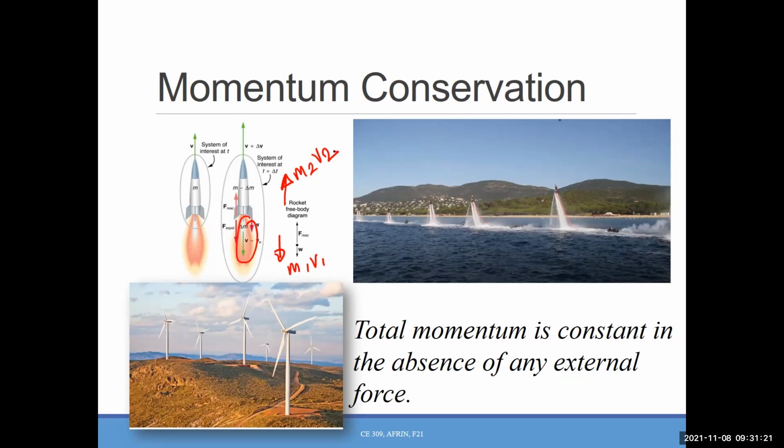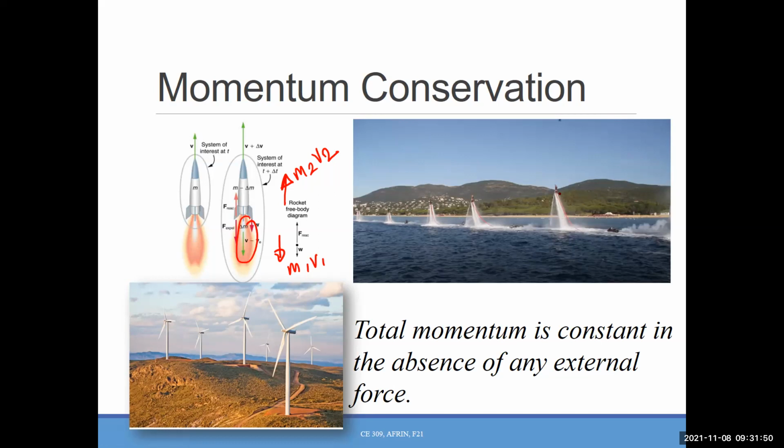So if you have momentum on one side, you have to move to the opposite side to balance that momentum. Another example is hunting: whenever you use a gun, obviously you feel a thrust in the opposite direction, right? That is again momentum conservation. Another example is flyboarding.